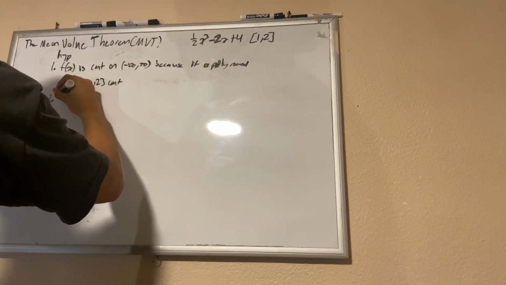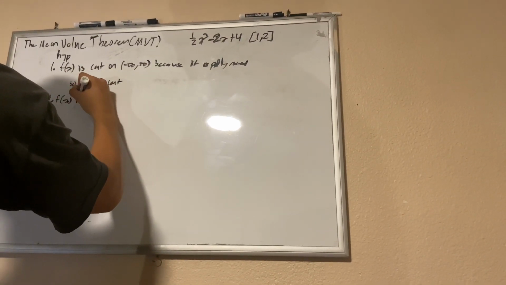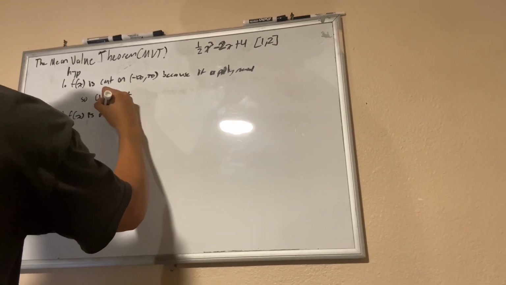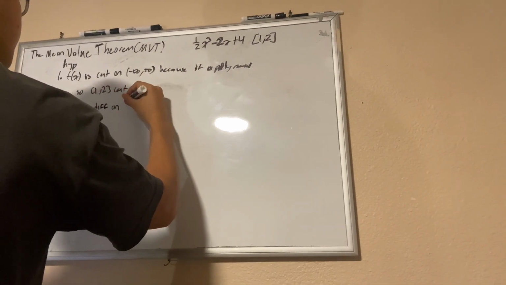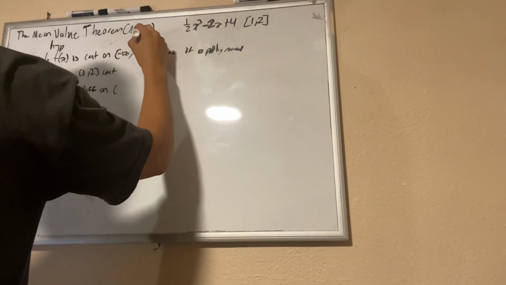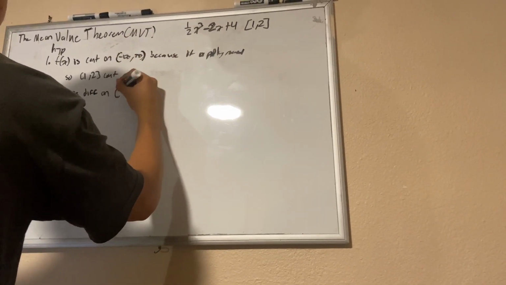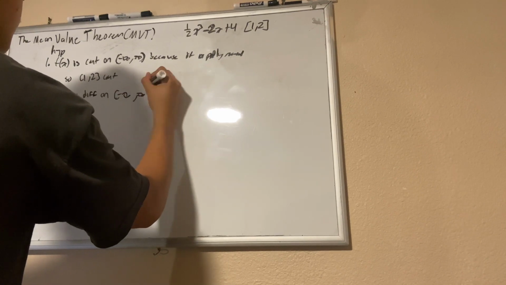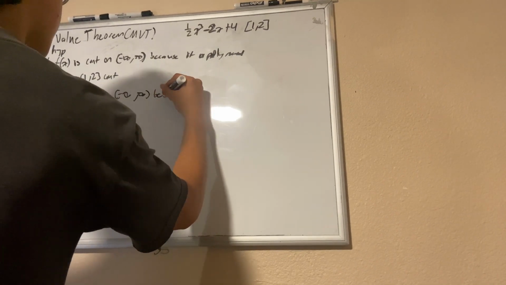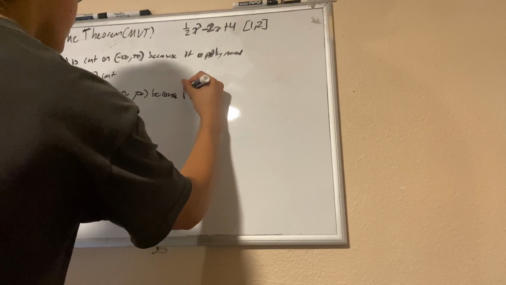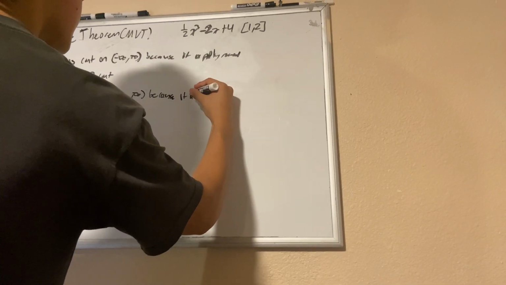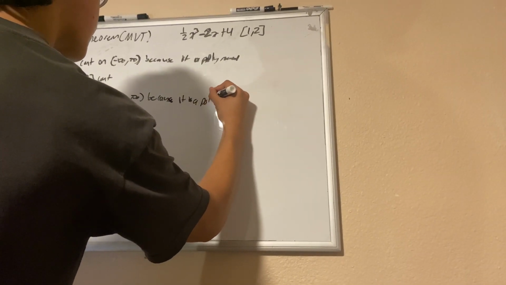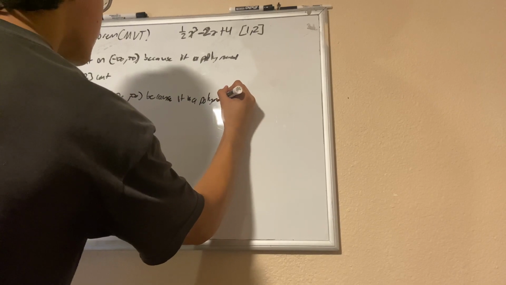And for step 2, we gotta find where f of x is differentiable on. And same thing, it is supposed to be parentheses, so it is differentiable from negative infinity to infinity. Same thing, because it is a polynomial.